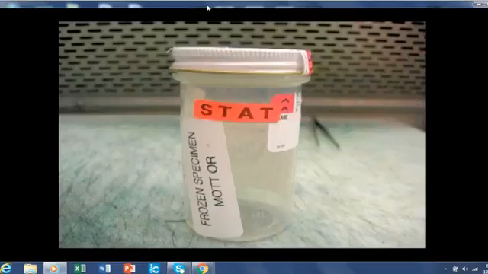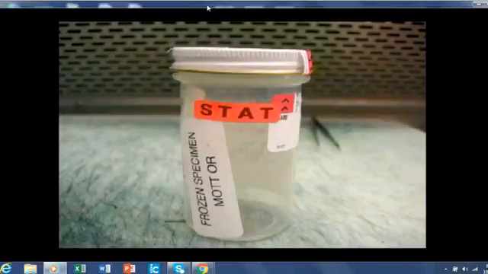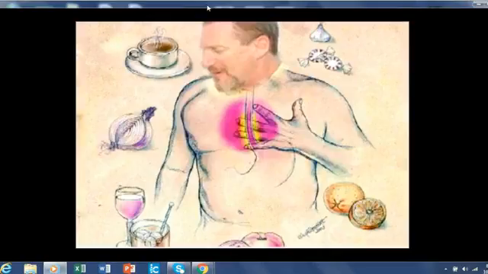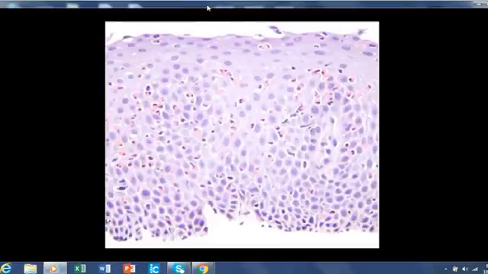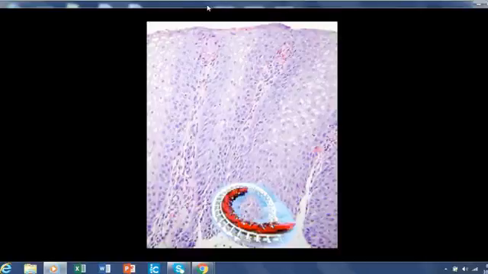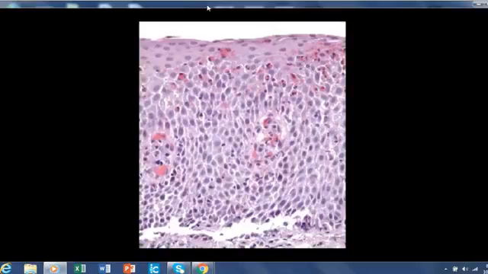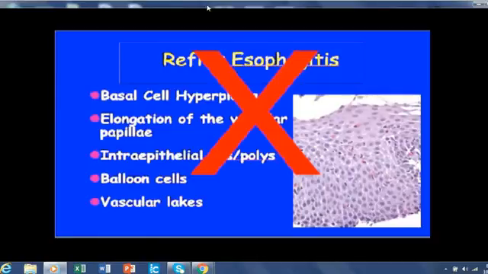Lots of eosinophils in my mucosa. This was no reflux, it was classic EE.